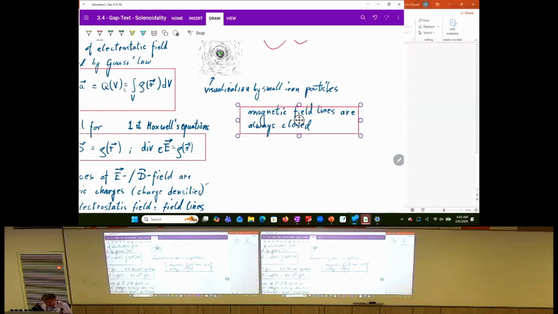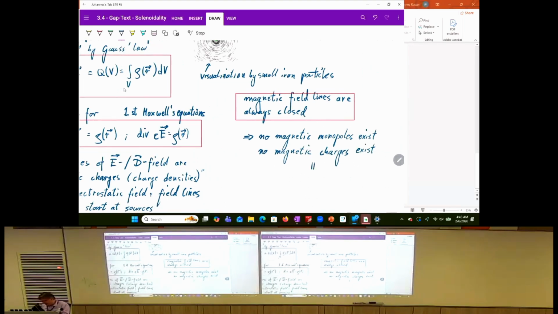The reason why they have no starting or ending is because there are no magnetic monopoles existing. You have no concept of, for example, a magnetic charge, that does not exist. So no magnetic monopoles exist and no magnetic charges exist.